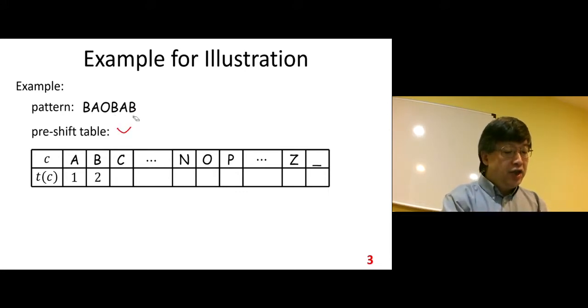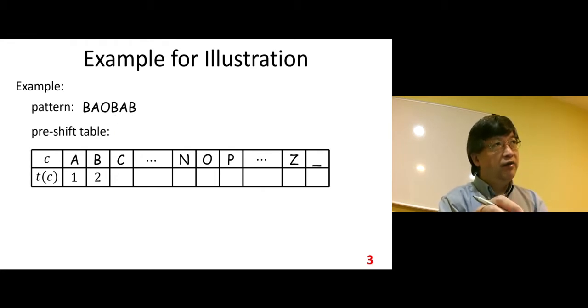All right. C, we couldn't find it. If you couldn't find it, you use N as the shift size. Then from C through N, all 6, because you cannot find these characters in the pattern.